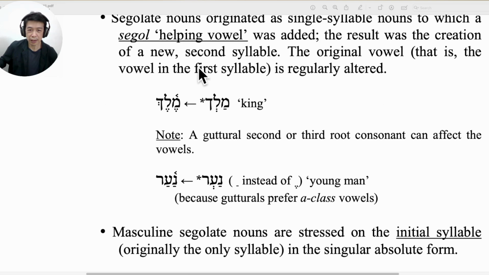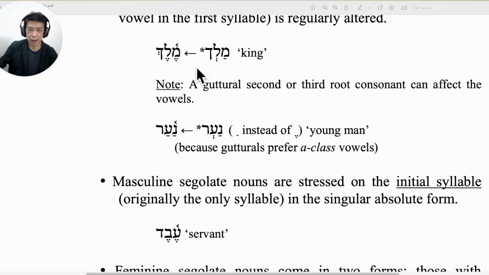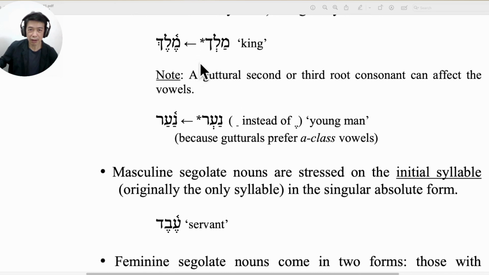For instance, it is quite difficult to read the word king if it's just mlk. So a Segol is added to each of these characters to make it easier to read so that it becomes melek.